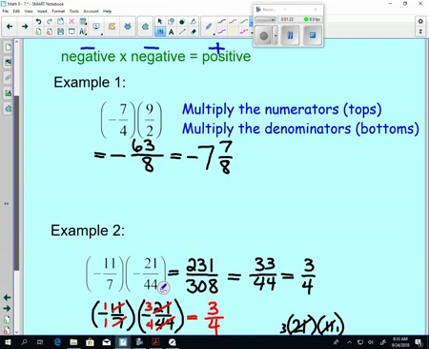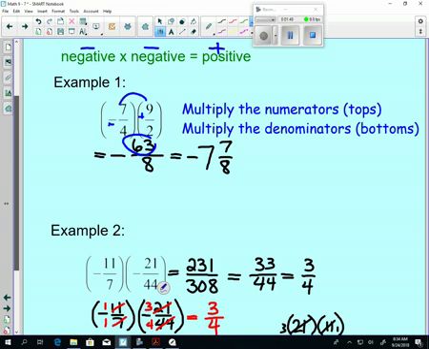Here we have a fraction, negative 7 over 4, to be multiplied by 9 over 2. First thing we need to remember is to multiply the numerators, the two numbers at the top. So 7 times 9 is 63, and we have a negative by a positive, so our product will be negative.